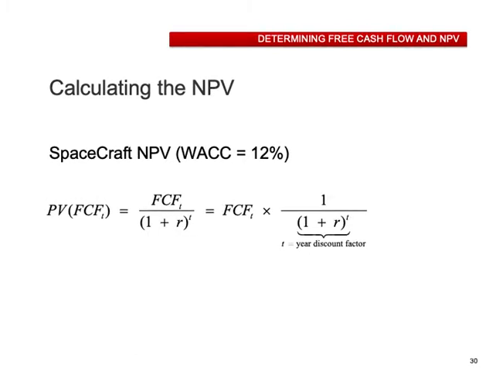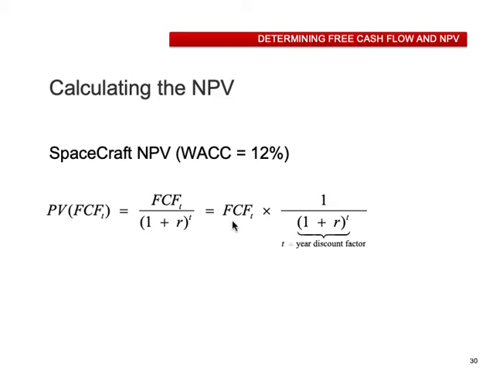Now, another way of calculating the present value of all the cash flows is by multiplying the cash flow at time t times 1 divided by 1 plus the cost of capital to the power t. So if the cash flow in year 1 is going to be 100, we need to multiply that by 1 divided by 1 plus the cost of capital of 12% to the power 1.